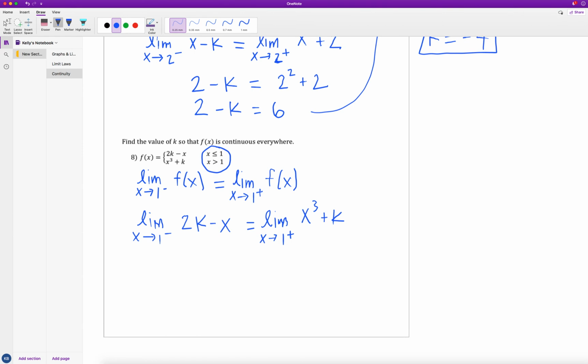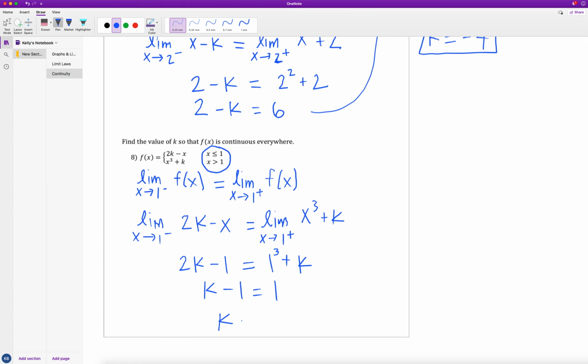I can direct substitute on both the left limit and the right limit. On the left side I get 2k minus 1, and on the right side I get 1 cubed plus k. Simplifying, 1 cubed is just still 1. Now I'm going to solve for k. If I combine like terms, I can subtract the k over, and I get k minus 1 equals 1.